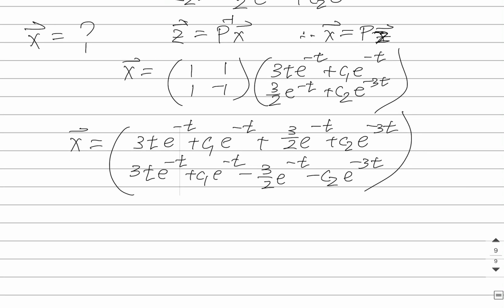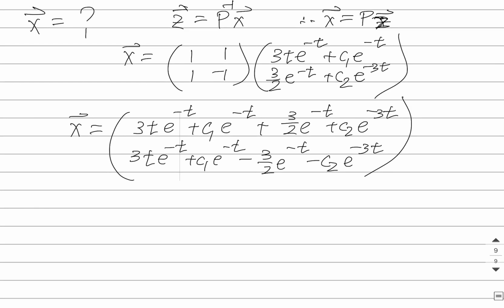So we have to do a little bit of algebra to organize these things, but once we do that, it should work out very straightforwardly. So we'll have 3t e to the minus t plus 3 halves e to the minus t. And what we can do then is group together all of these terms according to the power of t that they've got.